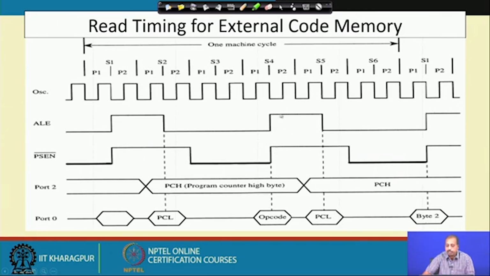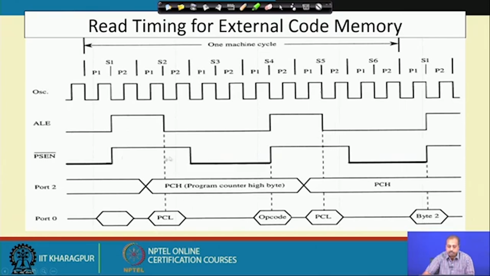Again, after some time the ALE signal will go low, and when it is going low, it will be used as the value to latch the lower order address on port 0, that lower order address bus. You see that when these signals are falling, they are used for sensing the values. Similarly, this ALE signal, when it makes the transition high to low, is taken as the triggering point.